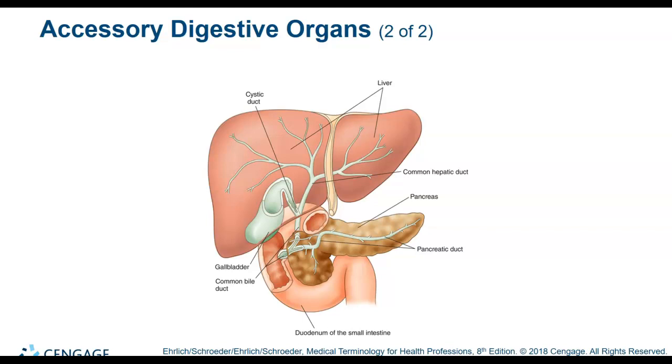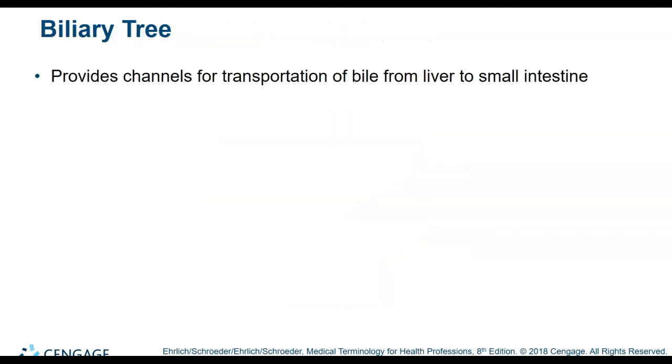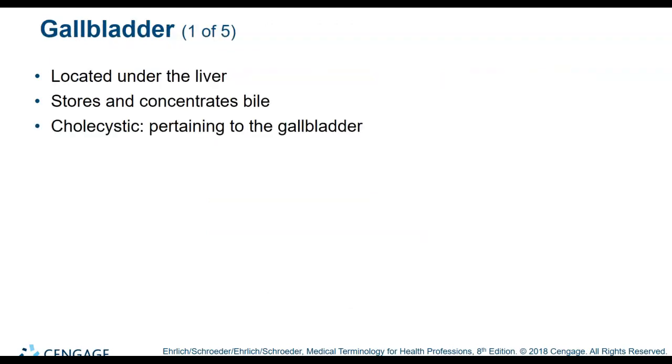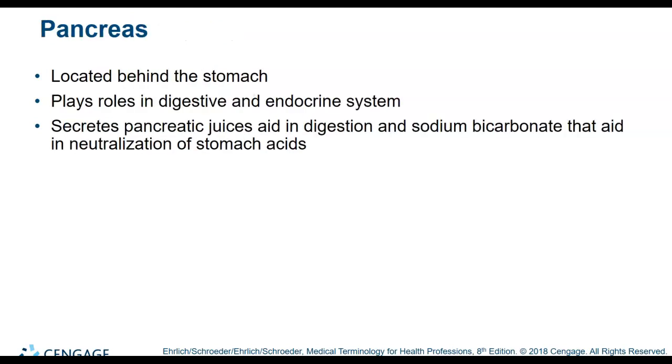Okay? Then we have the pancreas as well. So we talked a little bit about that biliary tree. And the gallbladder being under the liver stores concentrated bile. If we look at cholecystic, okay, pertaining to is IC, gall, and then bladder. Okay. The pancreas, again, is located behind the stomach. It plays a huge role in our endocrine system.